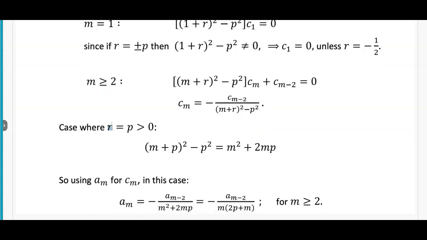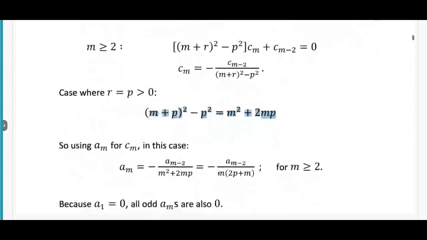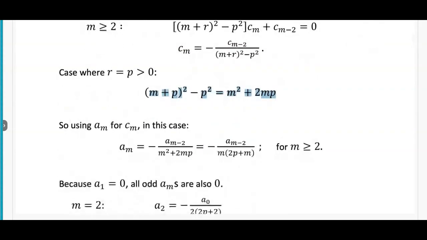So for the case r equals p, remember r is positive p or negative p, two solutions. For r equals p, we plug back in, using A_m for C_m, just notation. Because when we solve for p, we just want to use another variable for the coefficient.